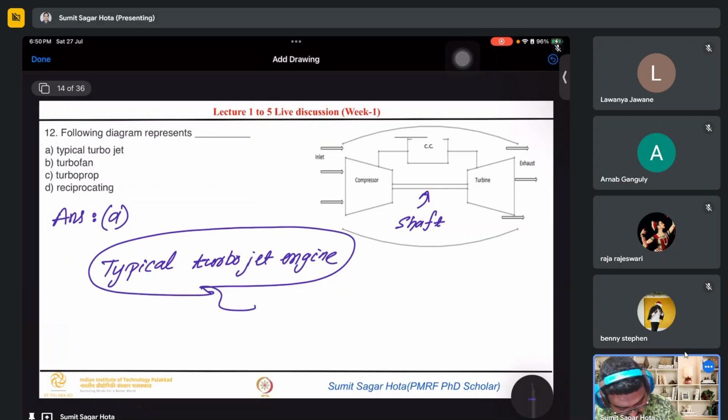So this is a typical turbojet engine. So operated by which kind of flow?